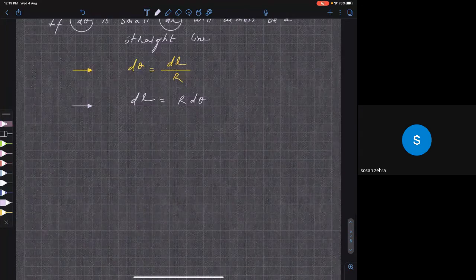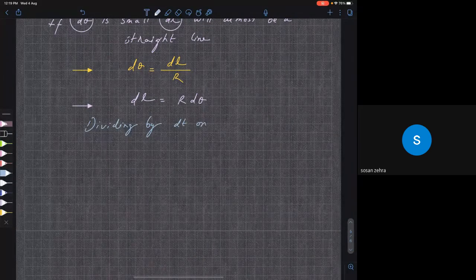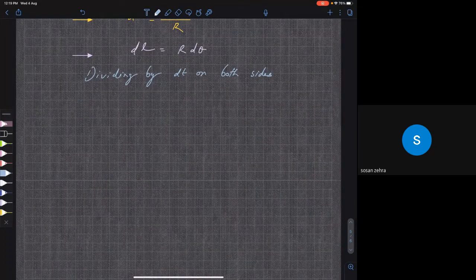Now, if I divide it by dt on both sides, what do you get? dl by dt equals r d theta by dt.